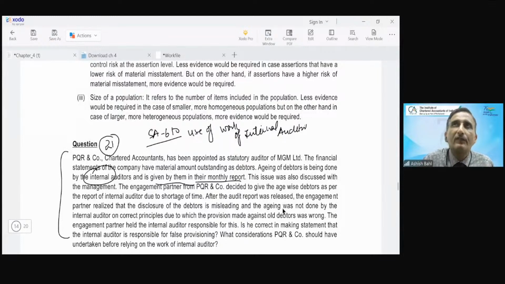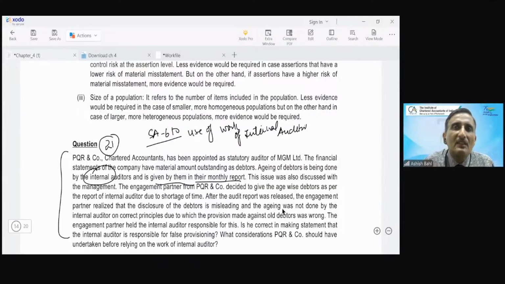So as part of their work, the internal auditors are also making a sort of aging analysis. Anyway, as you know, as at year end, the aging analysis is also to be given by the management in the financial statements in accordance with the requirements of Schedule 3 to the Companies Act.